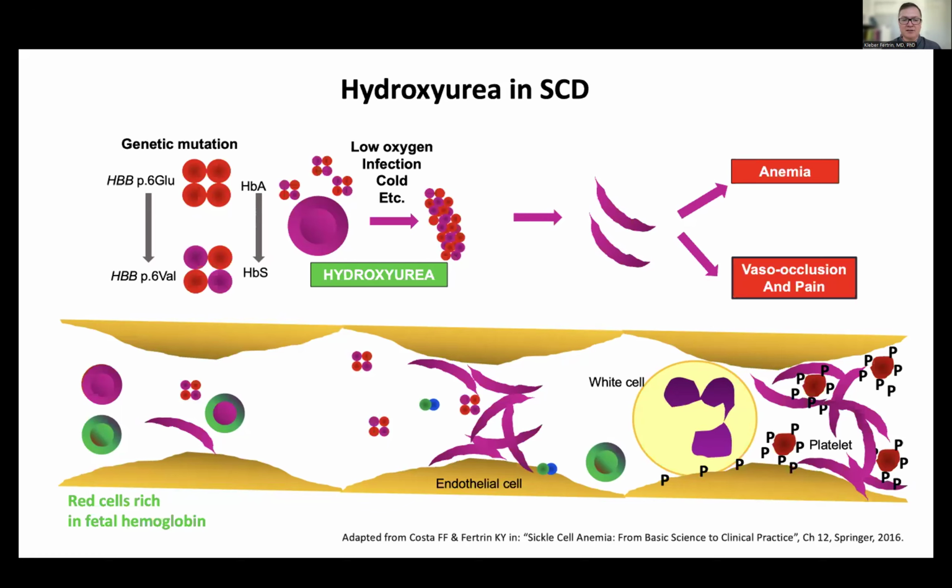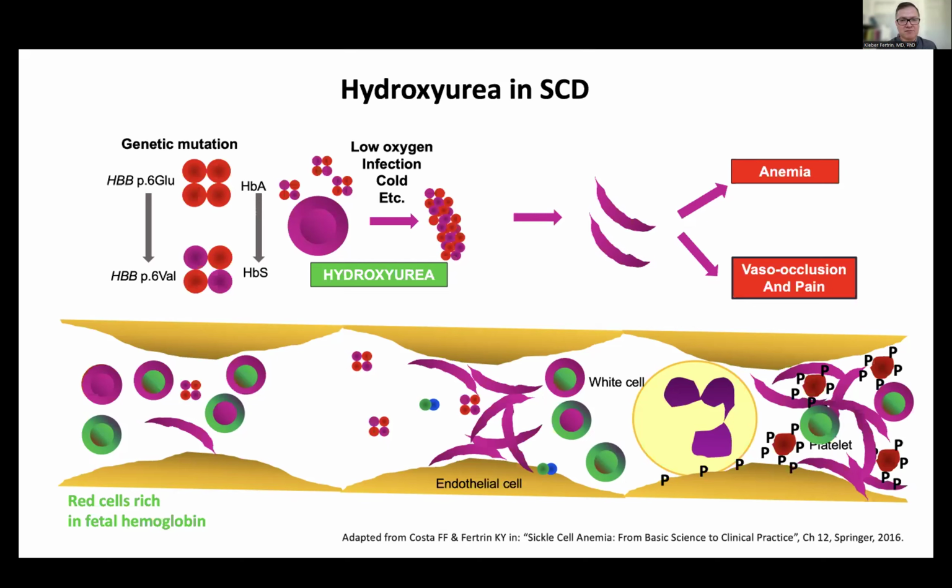So the higher your level of fetal hemoglobin in a red cell, the less chance that it will have polymers of hemoglobin S and have damage. So I'm representing a spectrum of red cells there. Some of them are very, very green, so have a lot of fetal hemoglobin, but you can have all sorts of different levels of fetal hemoglobin. And that will affect how much benefit the patient gets from hydroxyurea.